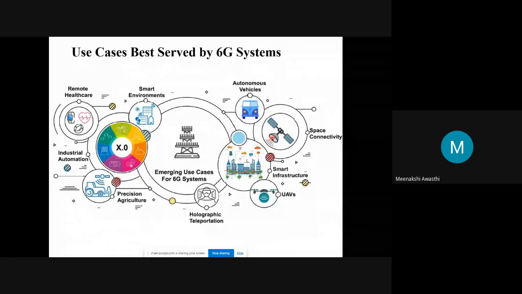We are evolving towards 6G. We have started to change our infrastructure and evolve for 6G, so we can think about all these things because we have already started to move in that direction. Autonomous vehicles are also a part of the sixth generation. These are part of smart infrastructure, and these are the use cases of emerging 6G technologies.